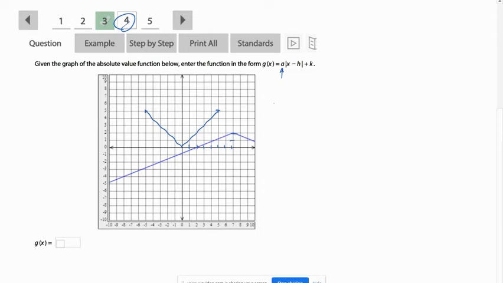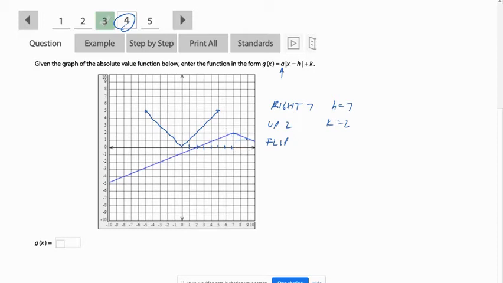And so it's right 7. So h equals 7. Up 2, that means k equals 2. The vertical flip means a is negative, and it also has slopes that are half of what they used to be. So now our rise is 1 when our run is 2.